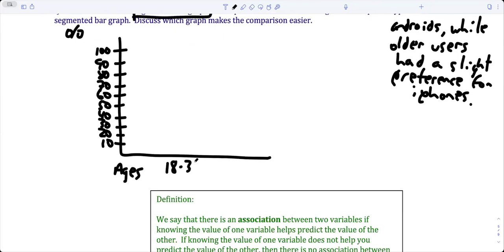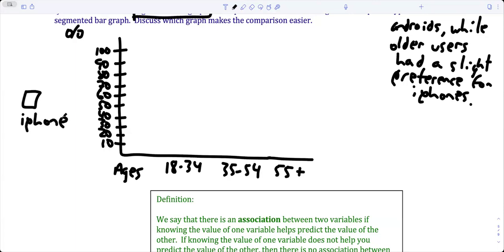So we've got 18 to 34, 35 to 54, and then 55 plus. And so in a segmented bar graph, we have a total percentage of 100. But again, we're going to break it down by the different types of phones, and then we're going to put that percentage within each of the categories.